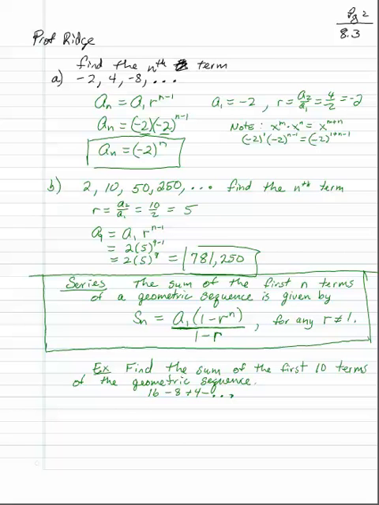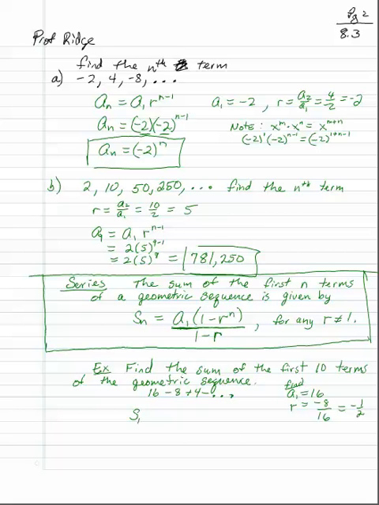For a geometric sequence, if you notice in the formula, we don't care what the last term is, we just care about the first term and what r is. So first let's find a sub 1. Well, it's just given to us: 16. And r is negative 8 over 16, which is negative 1/2. Remember, a sub 2 divided by a sub 1.